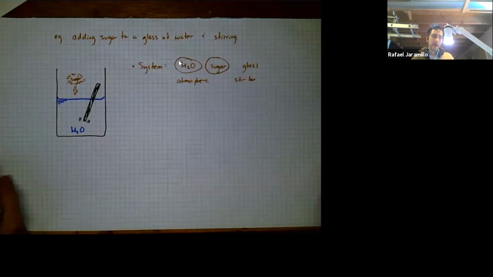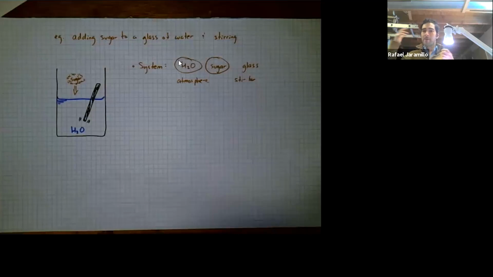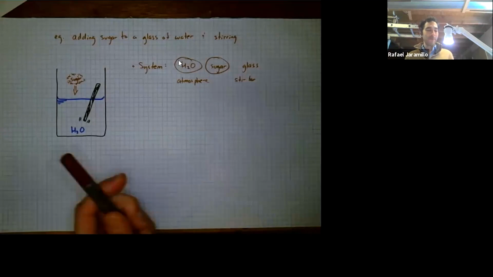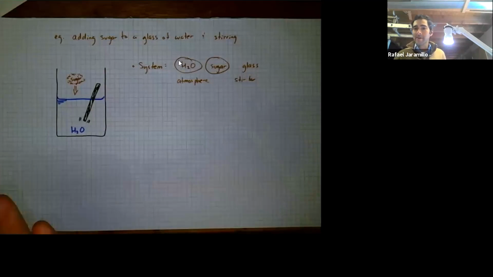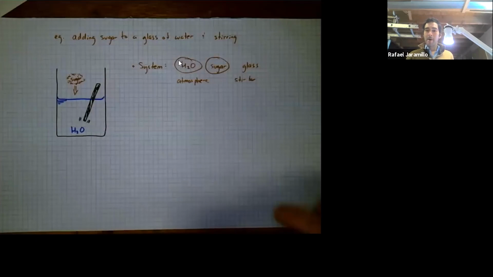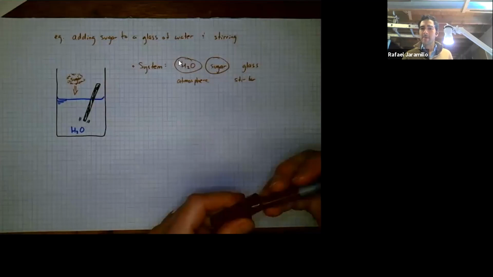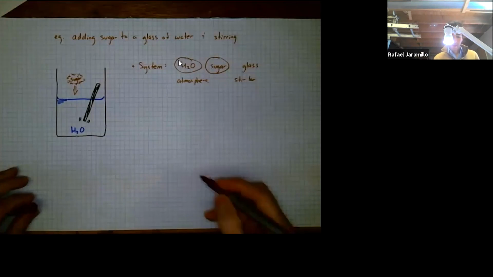If you're running a factory making sugar water, like a simple syrup or something, you probably want to include the atmosphere because you want really good process control. And the humidity in the atmosphere might make a difference. Or if you're a monk brewing a farmhouse ale, and we know that the stuff in the air from the surrounding farms makes it into the beer and helps change it. So there are examples where you do want to include the atmosphere in the system, but here, not. And the stir bar, not. The stir bar has a function, but it's not going to be a part of the thermodynamic system.